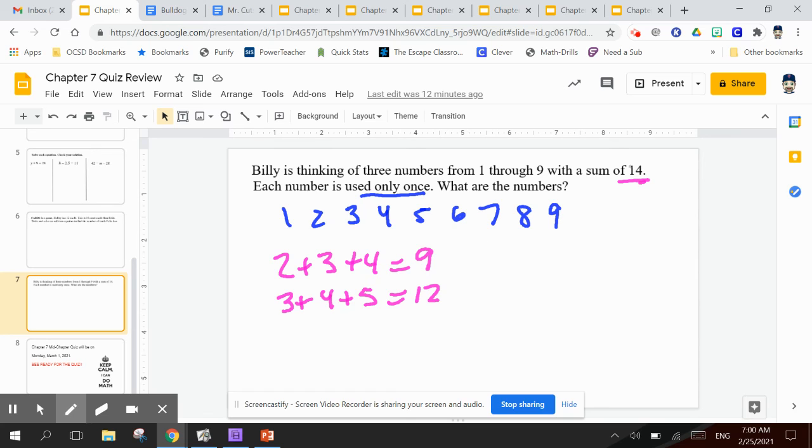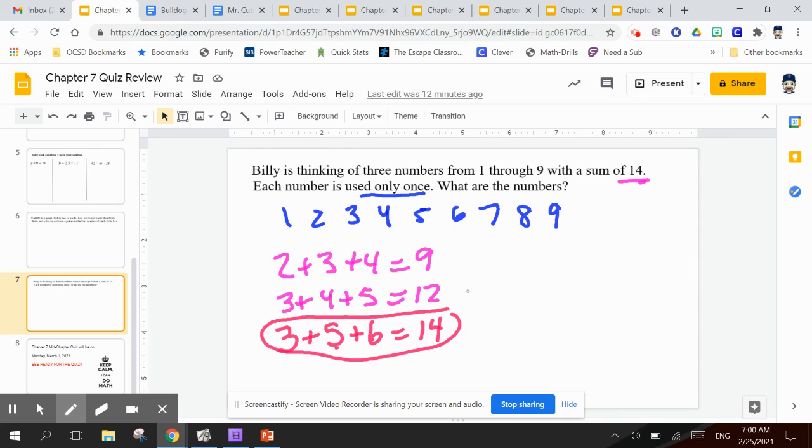No, but we are really close. 14 minus 12 is 2. I'm only 2 numbers away. So if I keep one number the same and I add one more to each of the other numbers, 3 plus 5 is 8, 8 plus 6 is 14. Those three numbers will work.